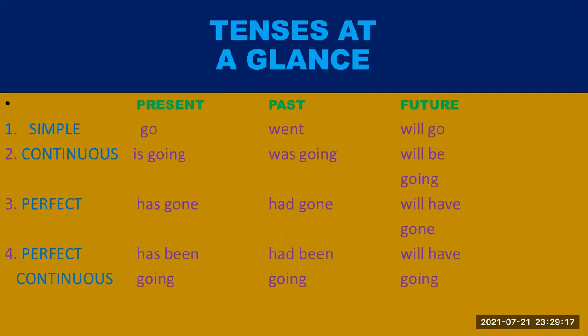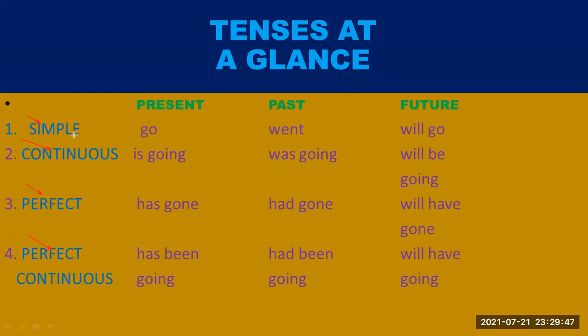So, tenses at a glance. You can see here that we have four types of tenses across the various time frames, okay? So let's look at them. So here you have the simple tense, the continuous tense, the perfect tense, the perfect continuous.